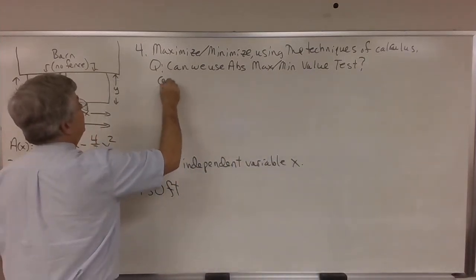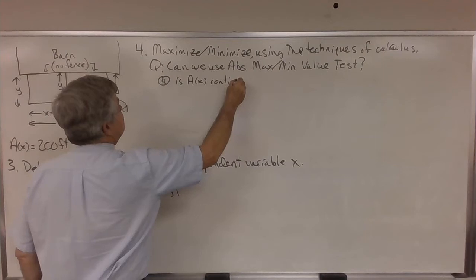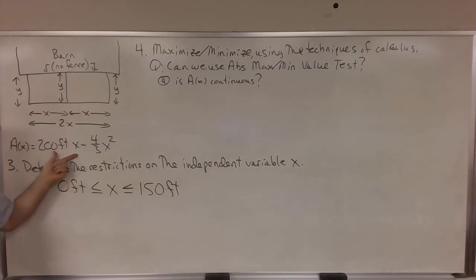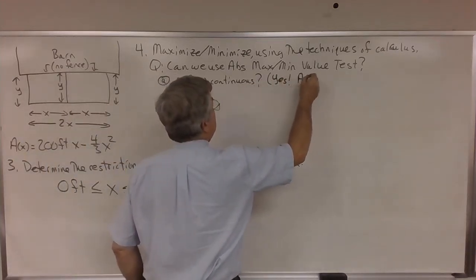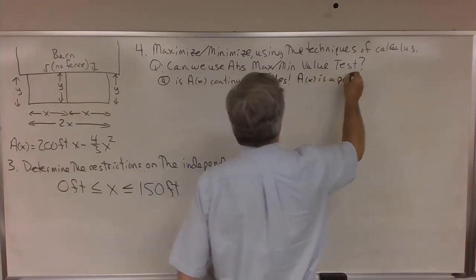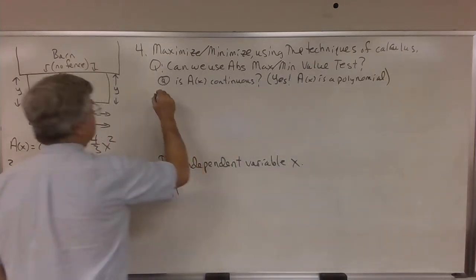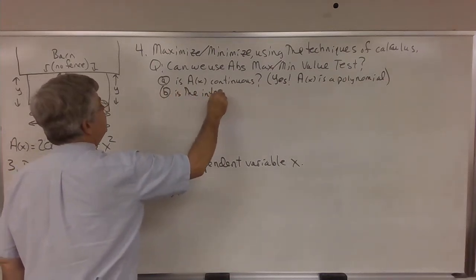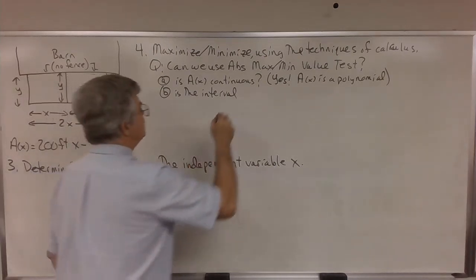So let's see. Is A of x continuous? Well, here's A of x, and essentially it's a polynomial. And polynomials are continuous. So yeah. Is A restricted to an interval that's closed and finite?